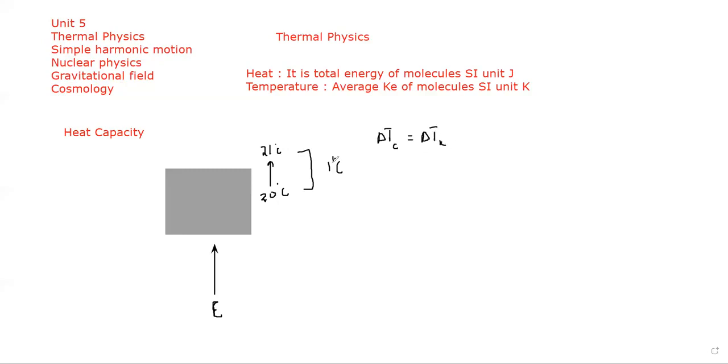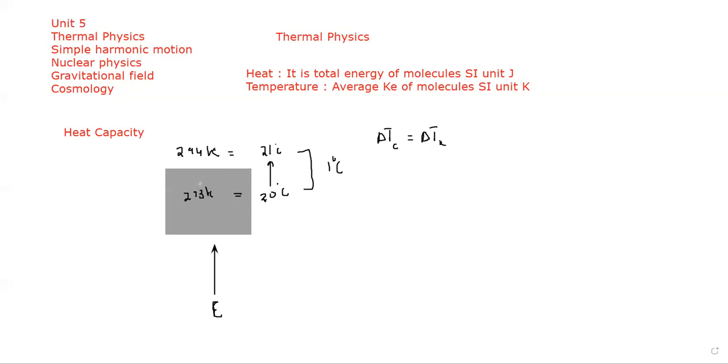Because if I convert both of them, for example 21 degrees centigrade, I will convert into Kelvin by adding 273. So 273 plus 21 makes 294, and 273 plus 20 is 293. So 293 Kelvin is equivalent to 20 degrees centigrade, and 294 Kelvin is equivalent to 21 degrees centigrade.